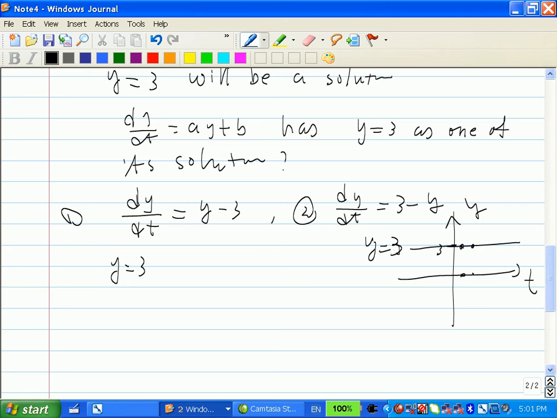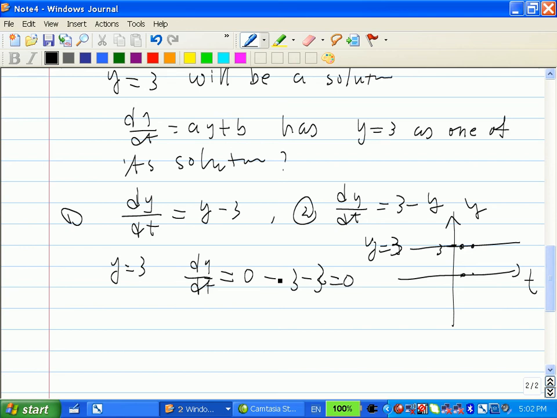Now, y equal to 3 will be the solution of the first equation because for this y equal to 3, you take a derivative, and your dy/dt will give you 0. That's the left hand side. What is the right hand side? y equal to 3, so you replace y by 3. You get 3 minus 3, which gives you 0 too.